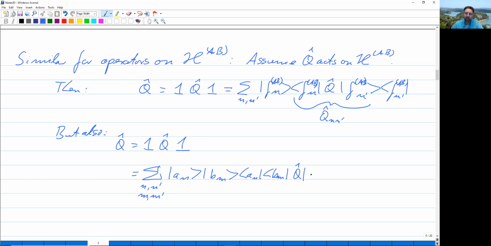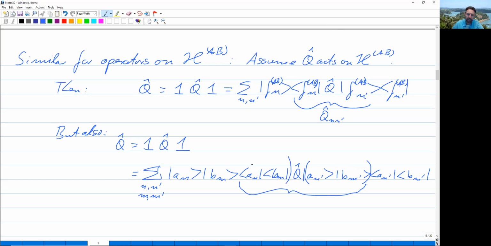And then we have the Q hat operator, and then we have an prime bm prime and an prime bm prime. And then these numbers, remember the bracketing should really be like this. This is a vector in the Hilbert space on which the Q hat acts.